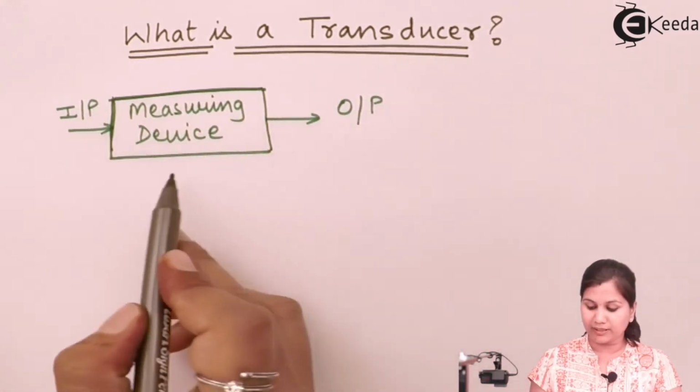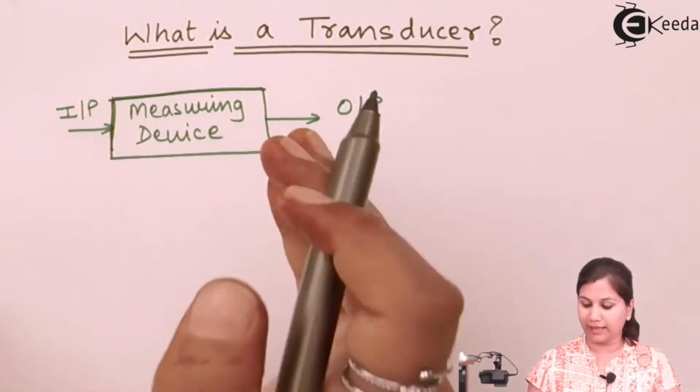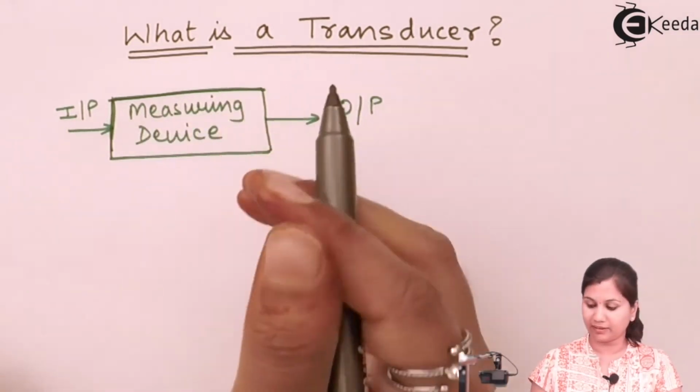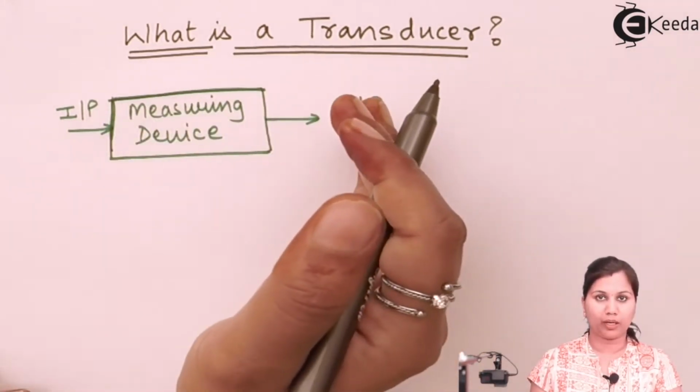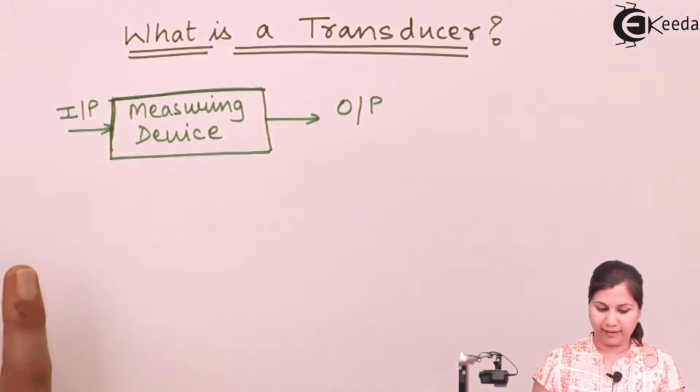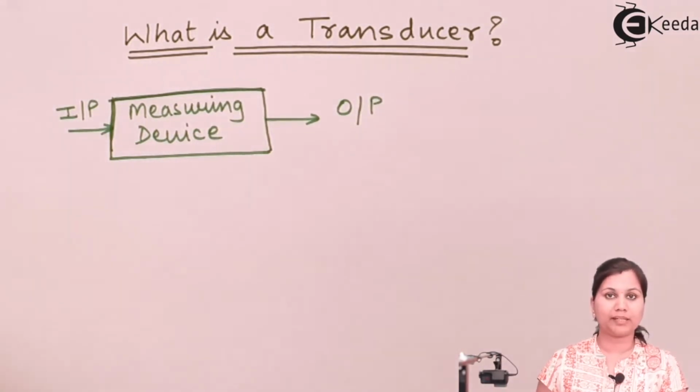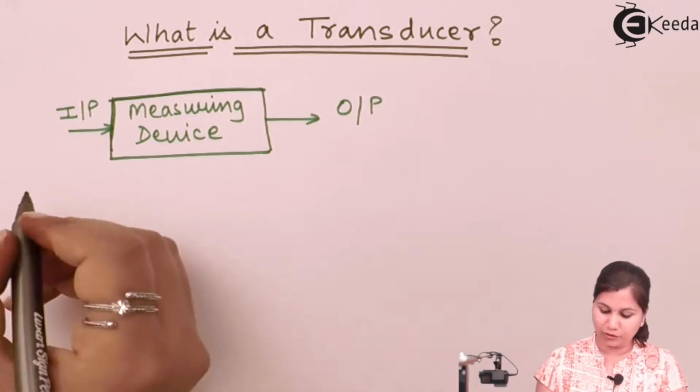In a measuring device, we have the input, and this measuring device gives the result or output to us. If we describe a general measurement system, it consists of three devices or components.